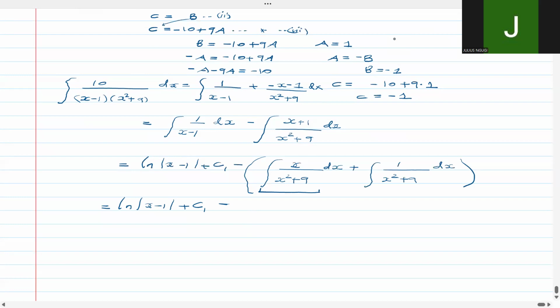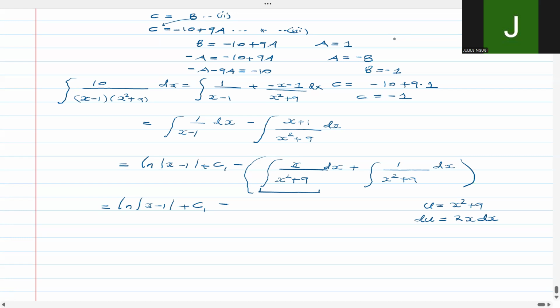It's a u substitution, because if you set u to be x squared plus 9, then the derivative of u with respect to x equals 2x. So you multiply by dx on both sides, and now x dx is in the numerator.